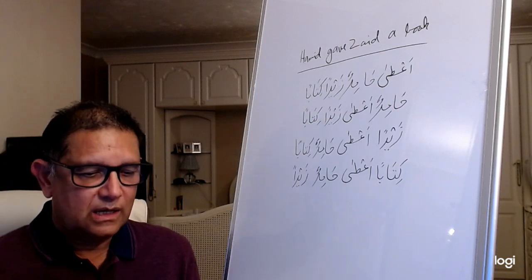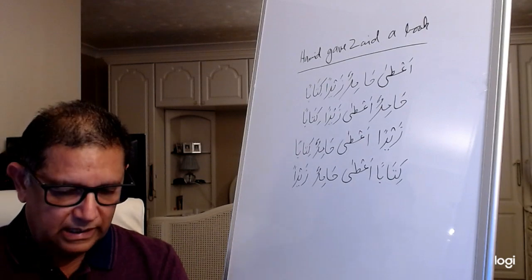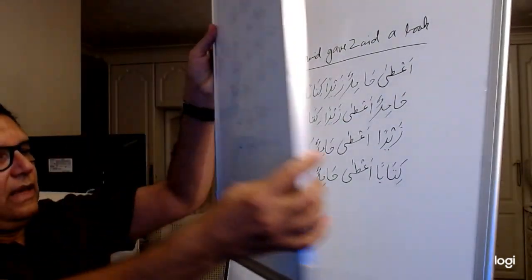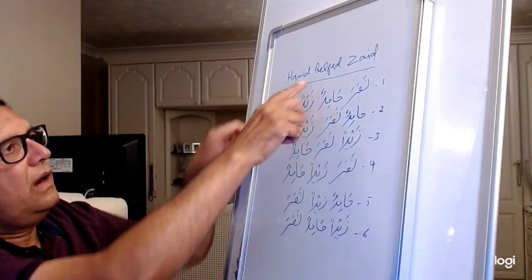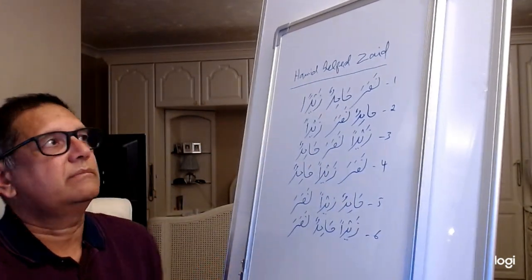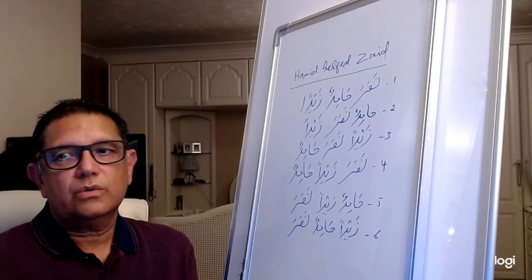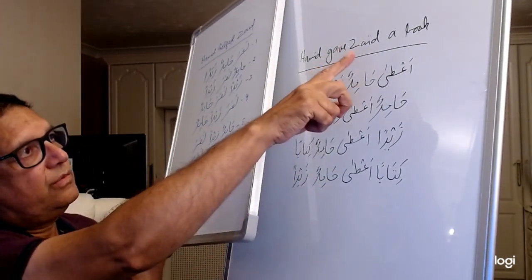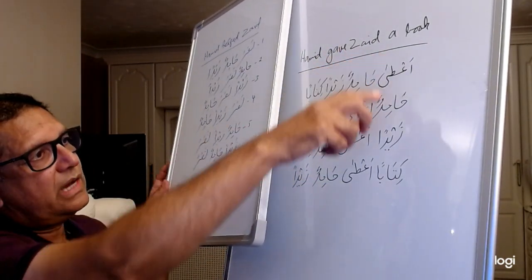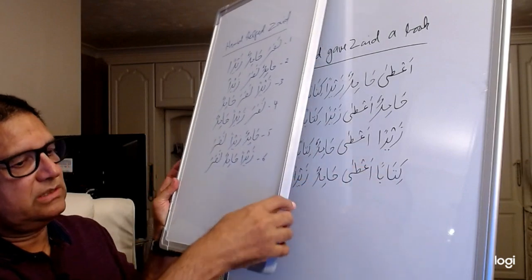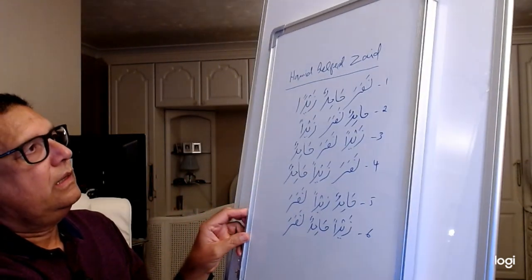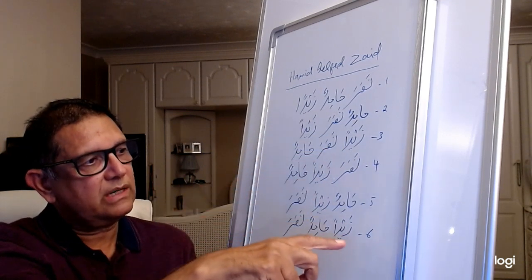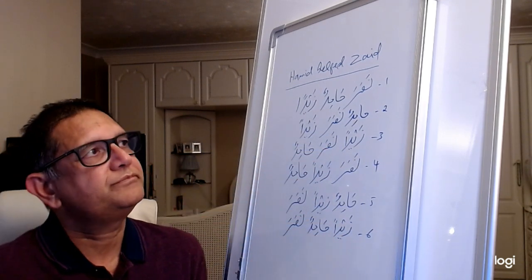While we are here, I have looked at another sentence for you, and that sentence is Hamid helped Zaid. In the first sentence we said we can have 9 possible constructions in Arabic. Here the number of words is less, and the maximum number of constructions one can have is 6.